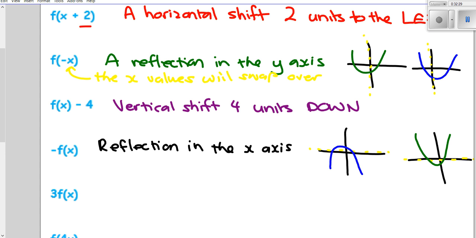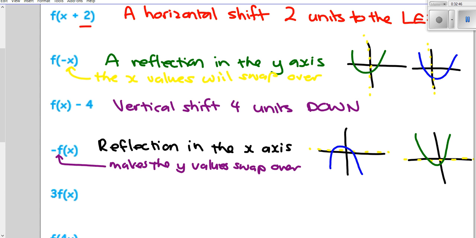Great picture, but still, if that helps draw the picture. So as I said, this makes the y values swap over. So that's how I tend to remember it.